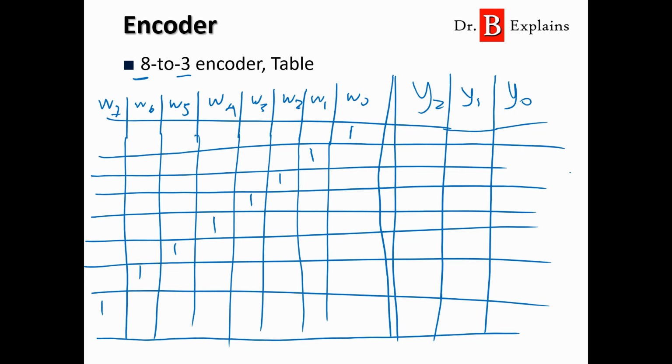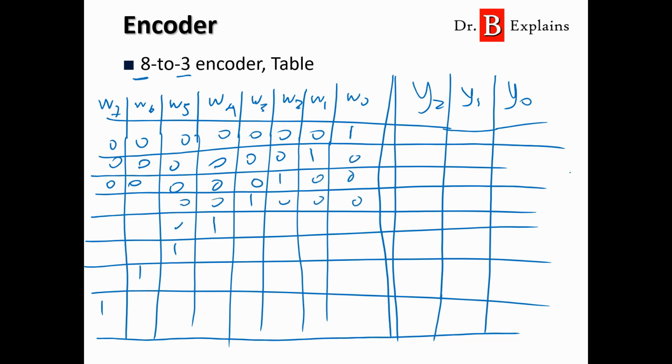Okay, and so the rest are zeros. So zeros all over. Unless it's a priority encoder, remember, if it's a priority encoder, then this will be an X, for example. But if it's not, then they're all zeros. So since this is just an encoder, that means that these are all zeros.